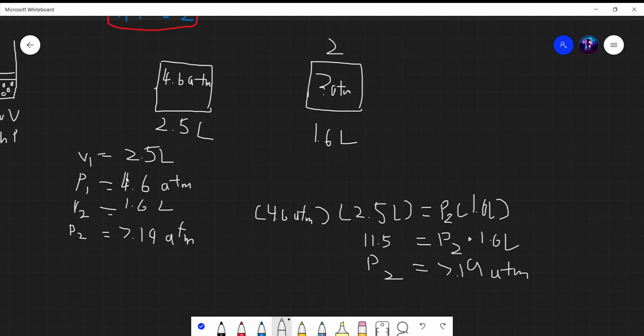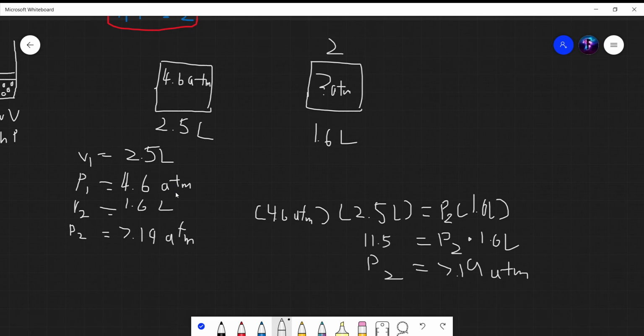And it's true. See, P1 only has 4.6 ATM, and P2 has 7.19 ATM. So we have a chance to know if it's wrong or right. It varies from scenario to scenario, so it can be different.